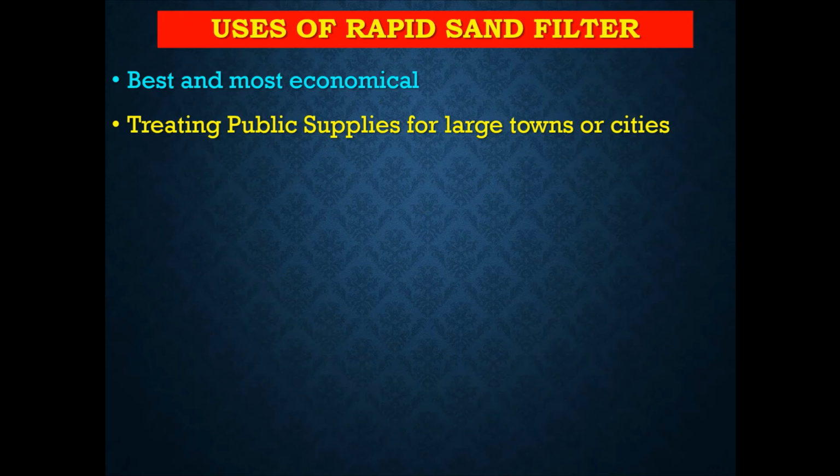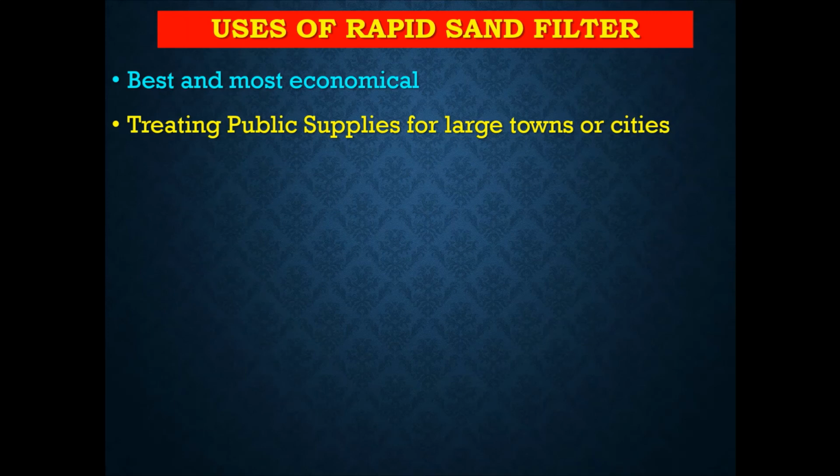But when there is a daily water requirement for a fast-growing city, such as a developed town or developed village, there is a requirement for the rapid sand filter. The flow comes in million liters daily, and you have to treat it and supply the treated water to the community daily.